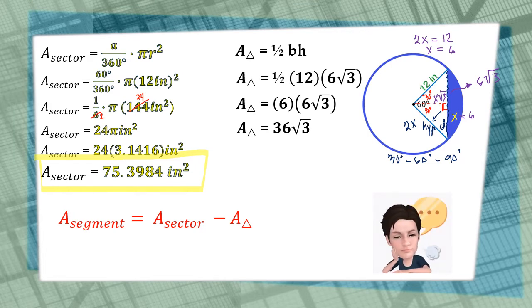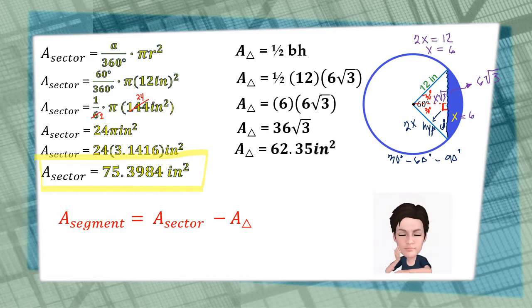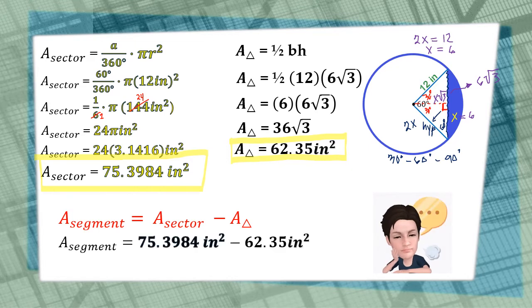And of course, we need to simplify it further. We need to convert it into decimal, and that would be 62.35 inches squared. For now, we got the area of our triangle as 62.35 inches squared. Since we do have the area of our sector and area of our triangle already, we can now substitute in our formula to find the area of the segment.